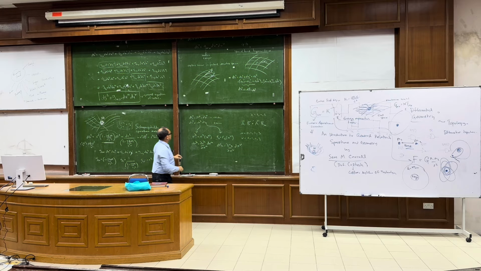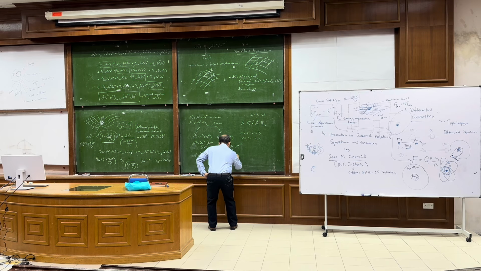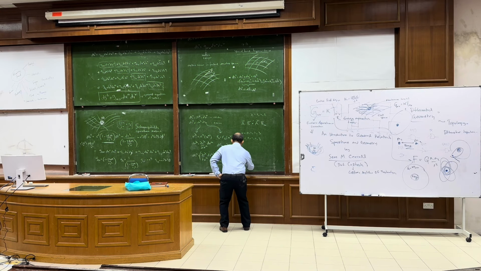Now kita masukkan balik dalam sini. So ds square is equal to dr lambda over dx mu, multiplied with dr lambda over dx mu, and then dx mu dx nu.